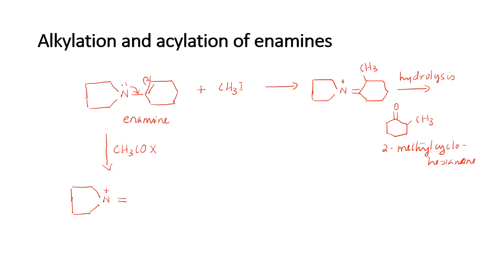And we get an intermediate like this, that is COCH3 group gets attached to the beta carbon, which is negative, and on hydrolysis the product formed is an acylated cyclohexanone.